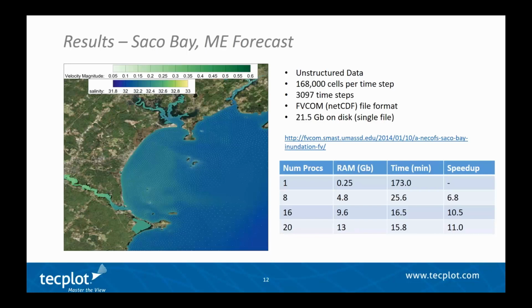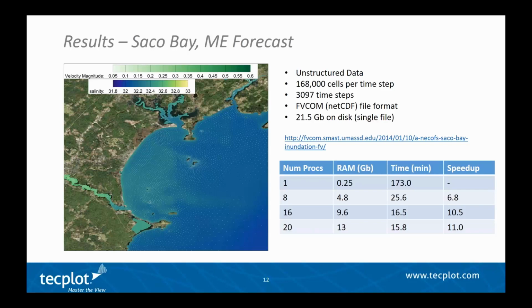Hey, this is a simulation of Saco Bay, which is from FVCOM, courtesy UMass. You can download the data there if you want to. It's 168,000 cells per time step, so this is really the smallest data set that we had, at least per time step, but 3,000 time steps, so it was about 22 gigs on disk in FVCOM format, which is a NetCDF data file format.